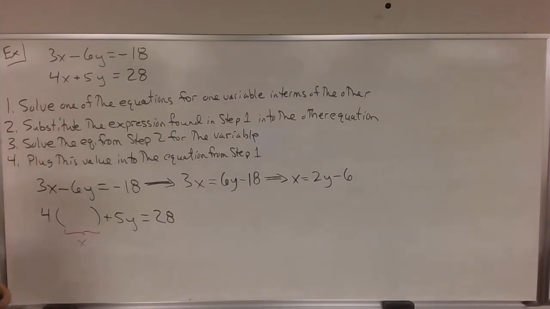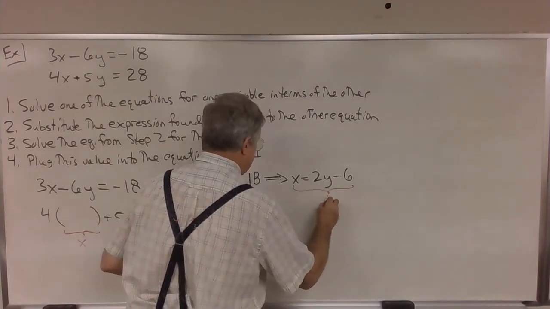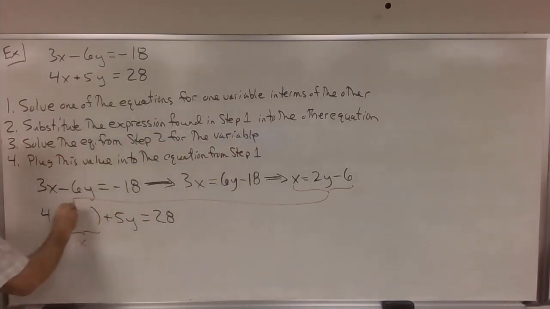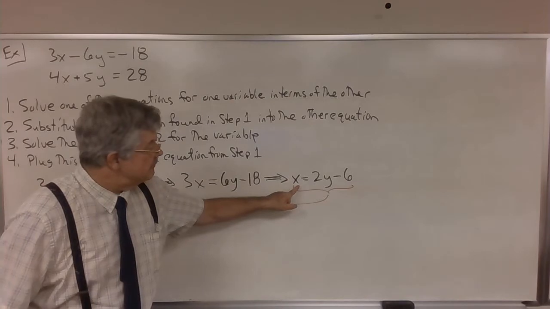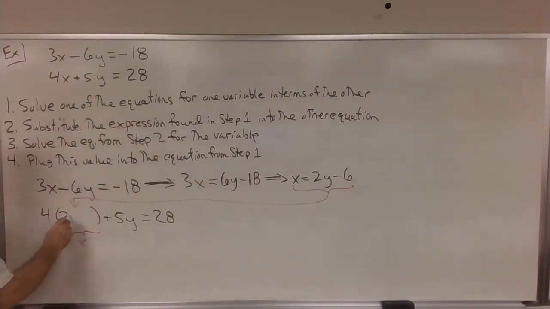And I'm going to take this expression for x, the equivalent of x, which is 2y minus 6, and plug it into the other equation and simplify.